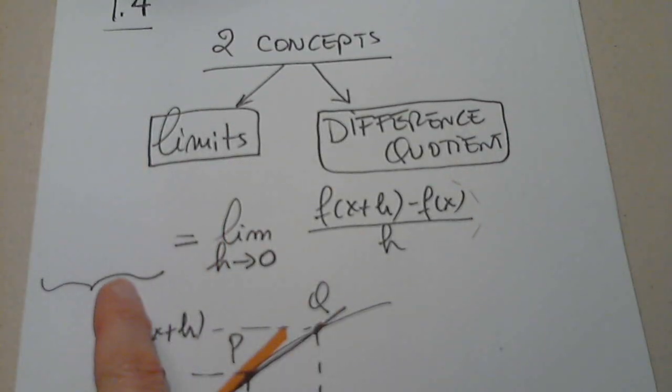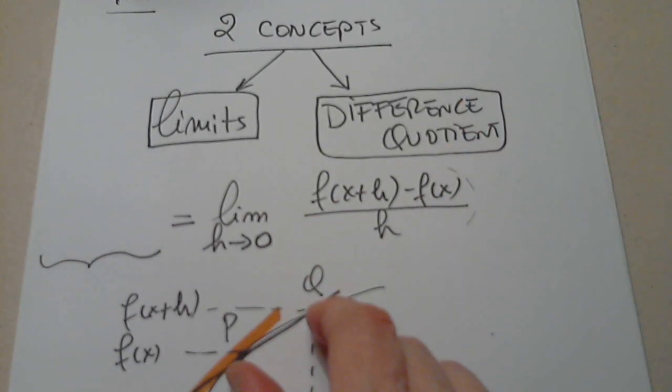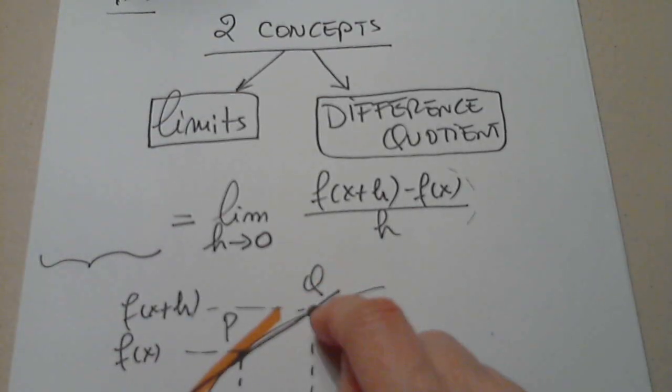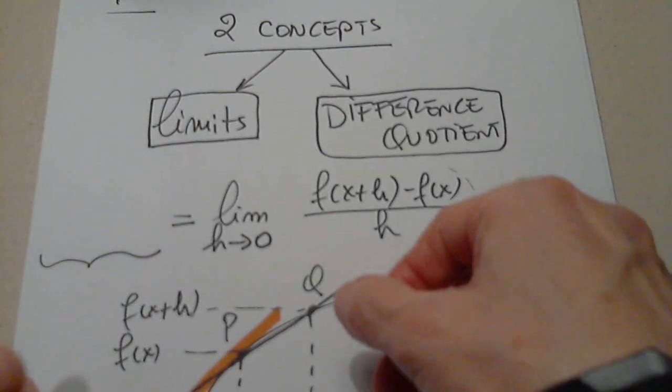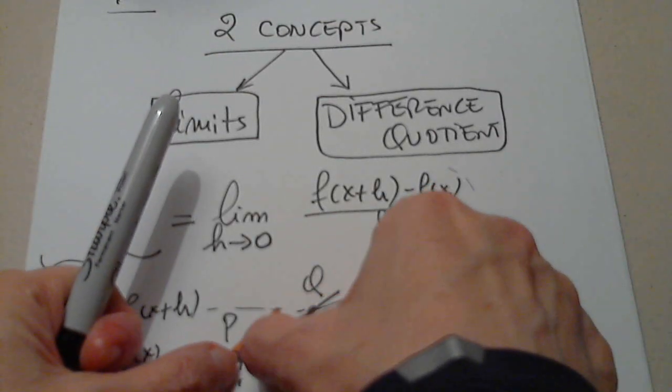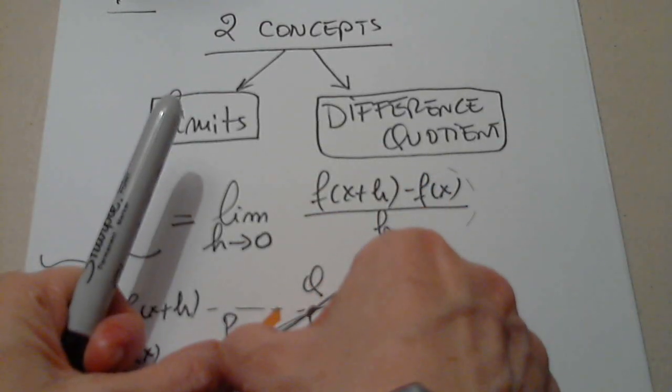And this has a name. So one more time. The difference quotient just gives us the rate of change between these 2 points, Baltimore and New York if you want. But of course I said h is very small, so Q is very, very close here. Why do we want Q to be very, very close?